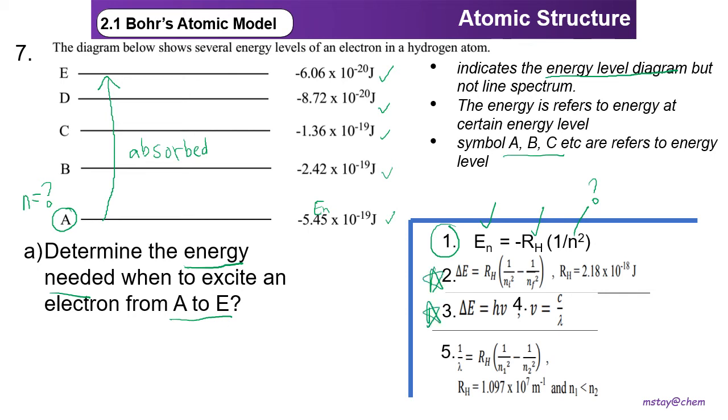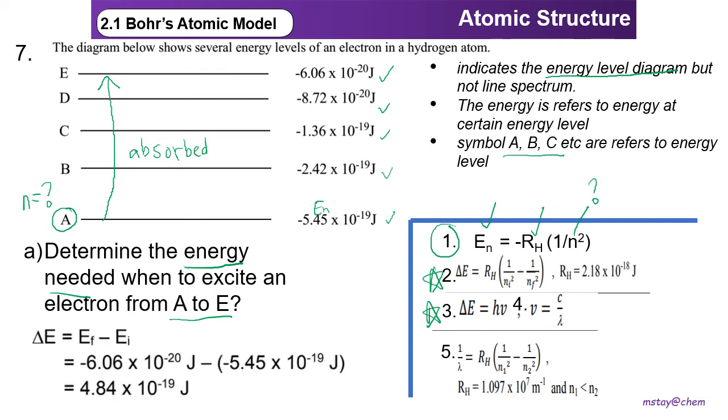We have two delta E formulas, but we no need to use these two, because we are not given the energy level, frequency or wavelength. We are directly given the energy, so we can find the difference between these two energies.